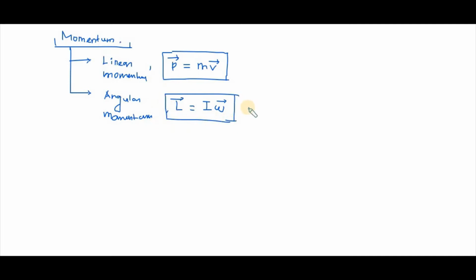The unit of angular momentum: the unit of moment of inertia is kg meter square, and the unit of angular velocity is rad per second.